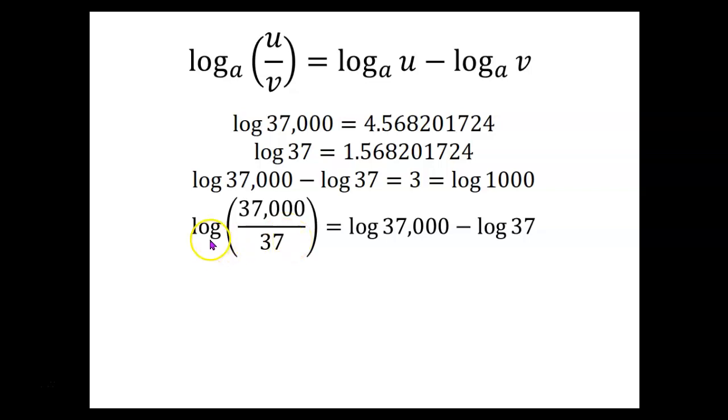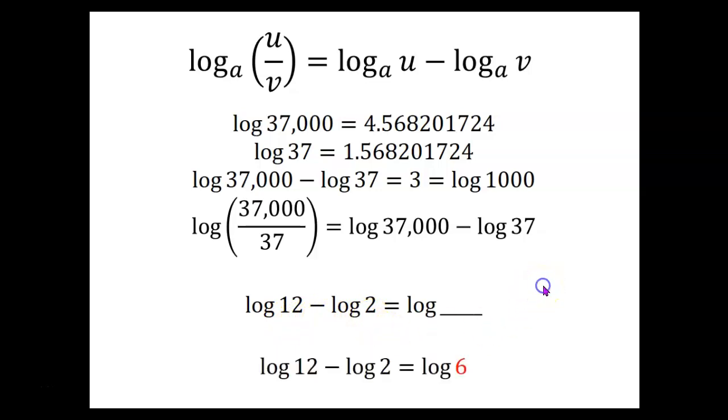So that shows that the log of 37,000 divided by 37 is equal to the log of 37,000 minus the log of 37. It turns division into subtraction. Try another example. What's the log of 12 minus the log of 2? It is the log of 6. It's the log of 12 divided by 2.